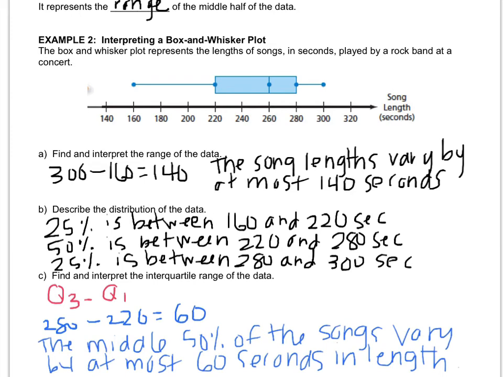For example, if everyone got in the 70s and 80s and one person got in the 90s, is that so far away from everyone else, or is that part of everyone else's group? Would that data be excluded or included? But we don't look at that in this lesson.